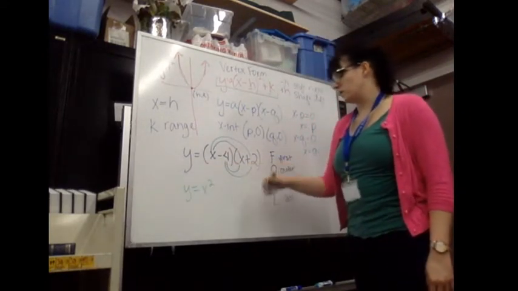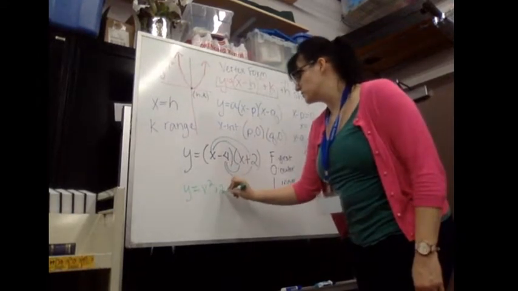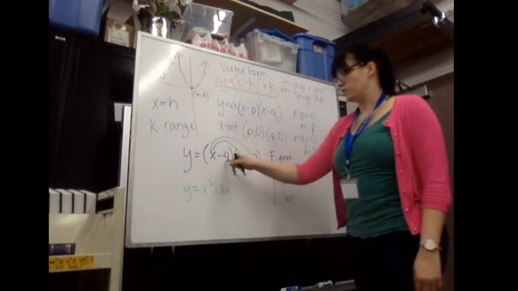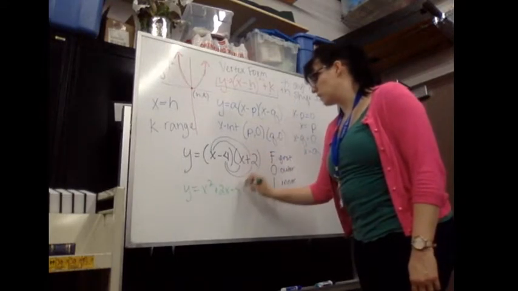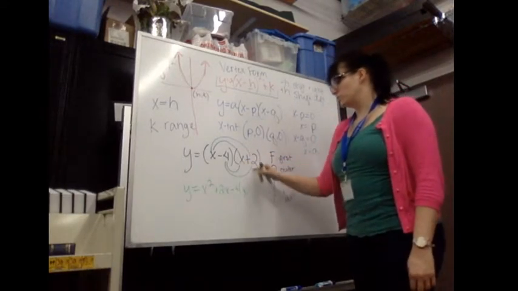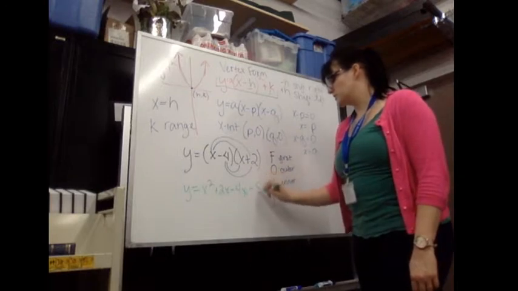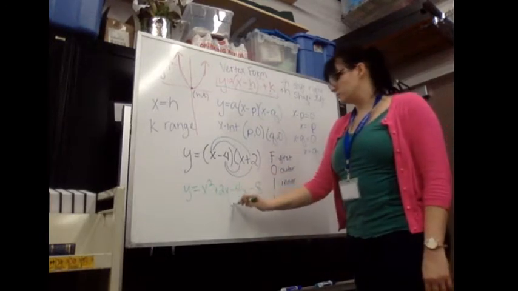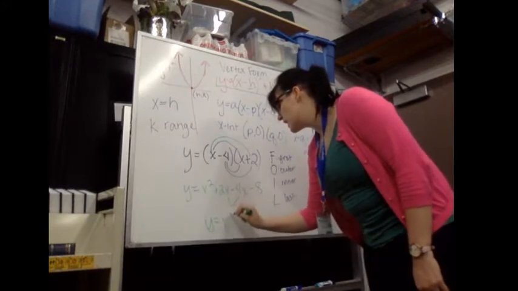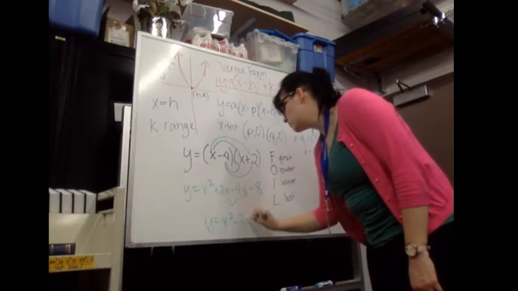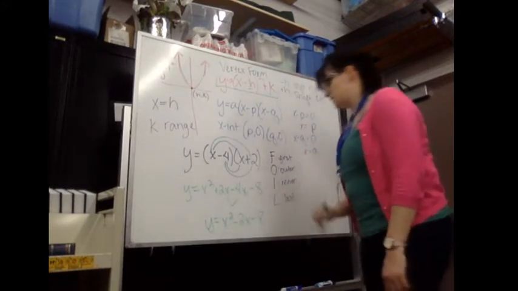And then x times positive 2 is 2x. Now I'm moving on to my -4. -4 times x is minus 4x. And -4 times 2 is -8. Here are my like terms. So y equals x squared minus 2x minus 8.